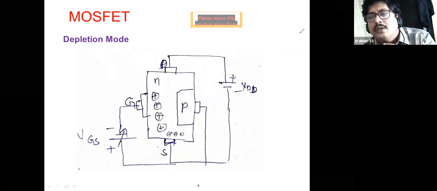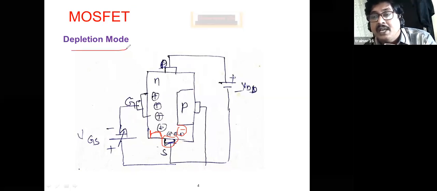Here, this is the source, and this is negative, and this is positive. Positive and negative attract, so the negative charge becomes less. Both are attracted, and thereby the free electrons are reduced. Thereby the electrons will be totally depleted. So that's why we call it depletion mode.